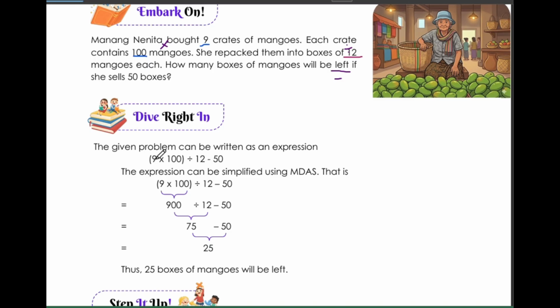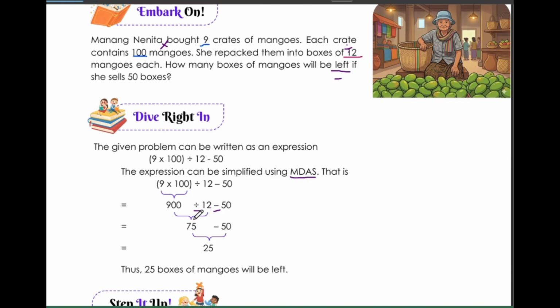In this case, it's in parentheses, so we can say that this goes first. So 9 times 100 is 900. Since we have 2 operations now, division and subtraction, we will use the MDAS rule, where division goes first before subtraction. We'll divide 900 by 12.